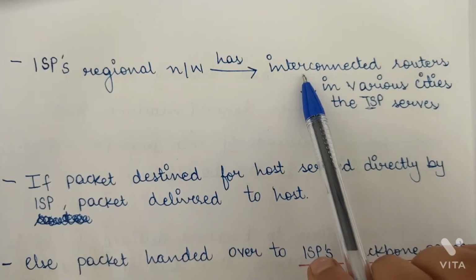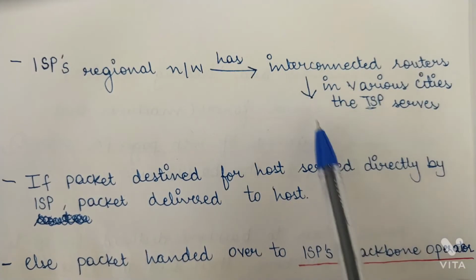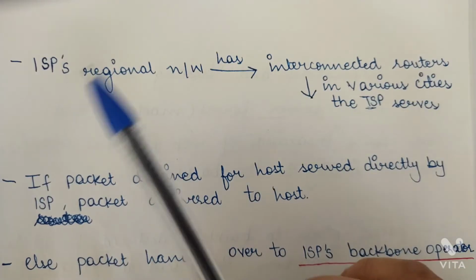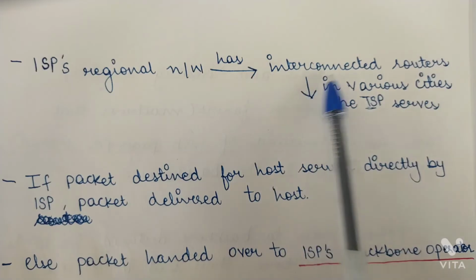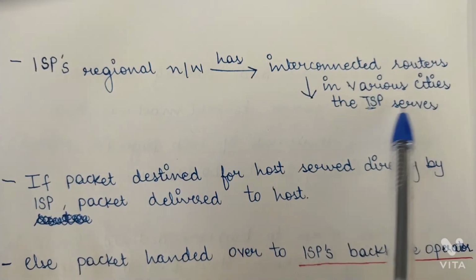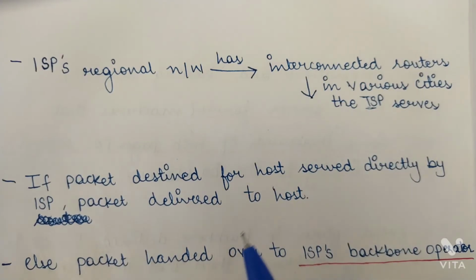So Airtel will have various routers from one city to another which are interconnected with each other, right? This is what it says: the internet service provider's regional network has interconnected routers in various cities that the internet service provider is serving.